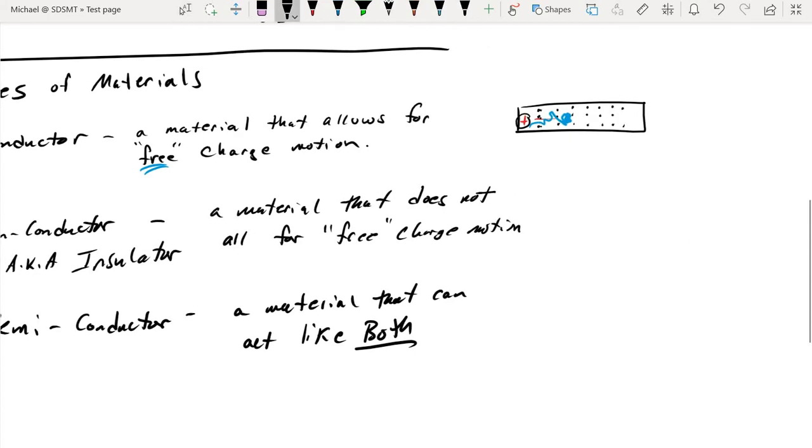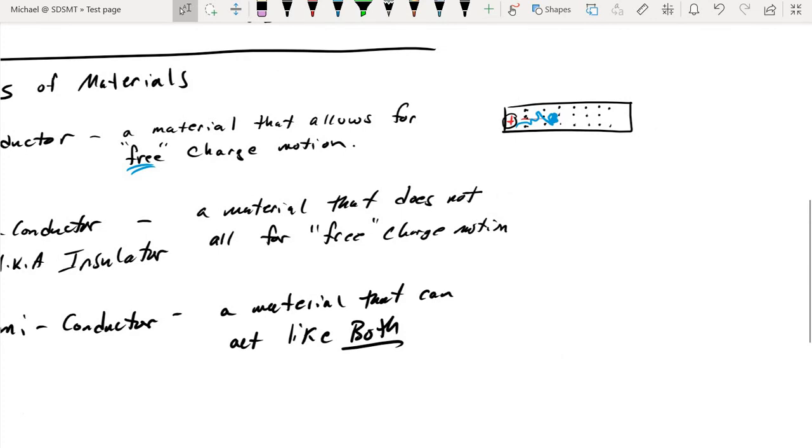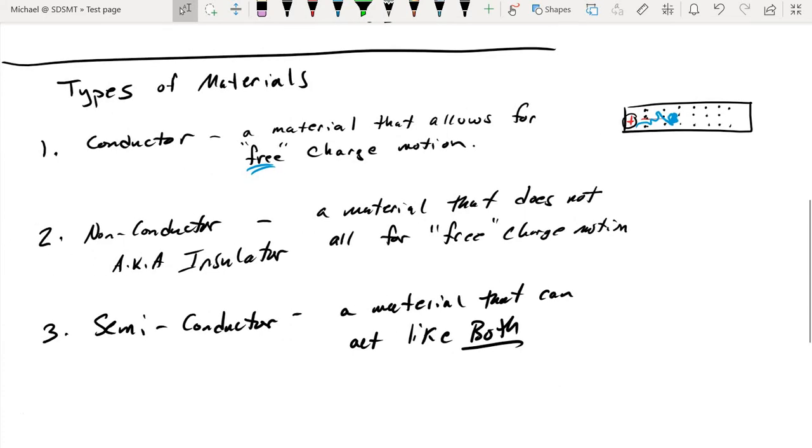Now there are different ways that we can manipulate these semiconductors to transition them back and forth between being a conductor and an insulator, and usually that involves something like a temperature change.